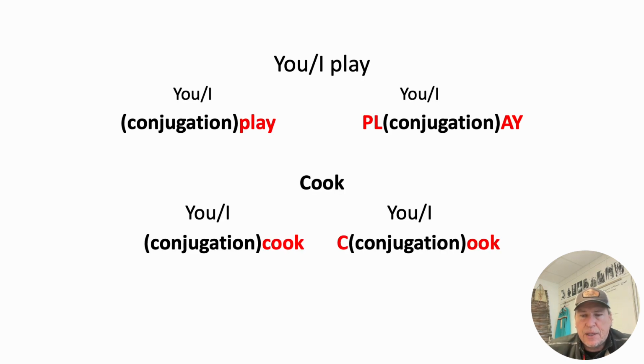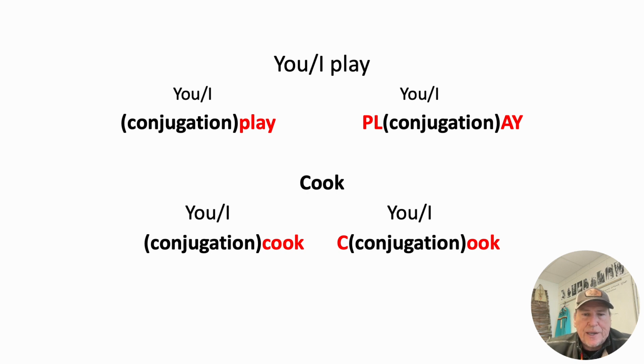Okay, so let's look at this example. The verb that we're going to be using as an example, the first one, is play, the verb to play. We want to communicate the idea of I'm playing or you're playing.